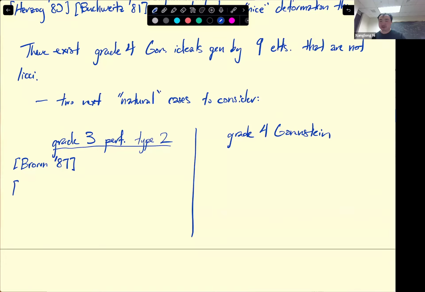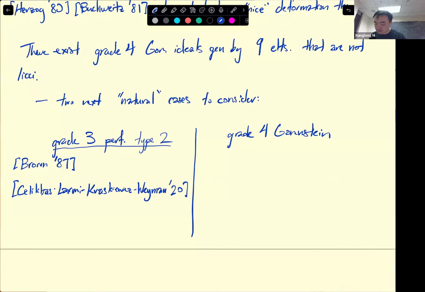She gave an example of an ideal that did not belong to that family, but then much more recently, Sylvia, Laxmi, Kraskiewicz, and Weyman gave essentially the generic example of this other family of perfect ideals with Betti numbers 1, 5, 6, 2.